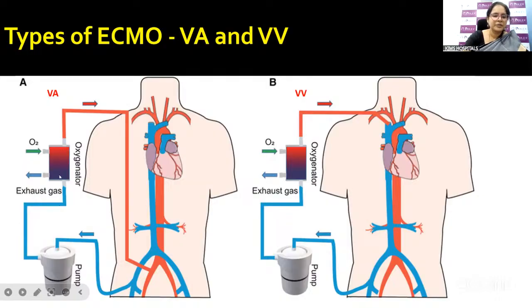There is a port here generally where you have a bubble detector sometimes post the pump, where bubbles can be taken off, and this also is not required in some newer circuits. Then blood passes through the oxygenator, which is also called a membrane lung, wherein oxygen addition and CO2 removal is performed.